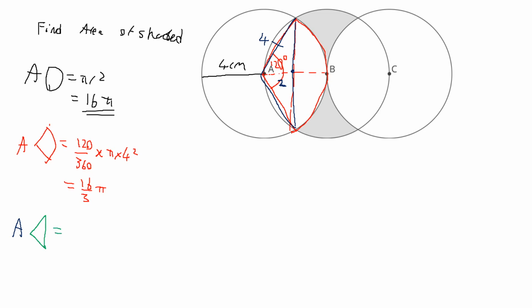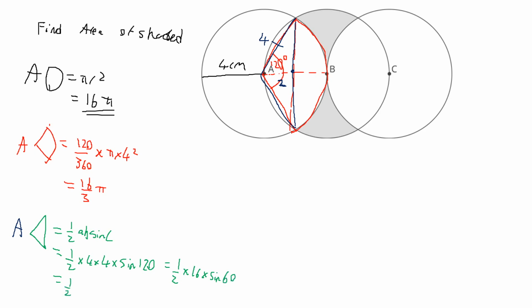is going to be a half AB sine C, which is the same as a half times 4 times 4 times sine 120. If you guys remember correctly, sine 120 is the same as sine 60, which is just root 3 over 2.